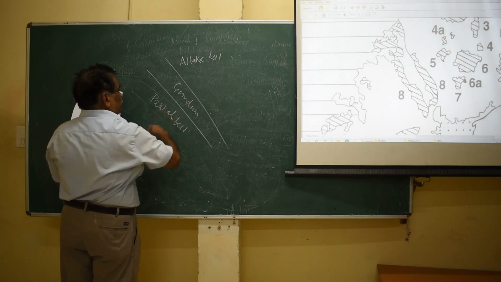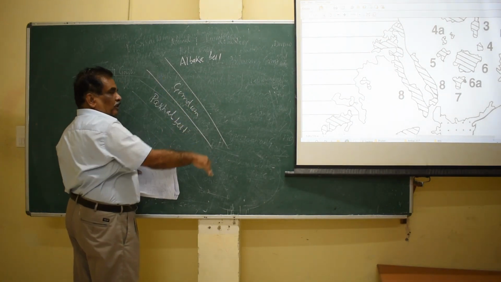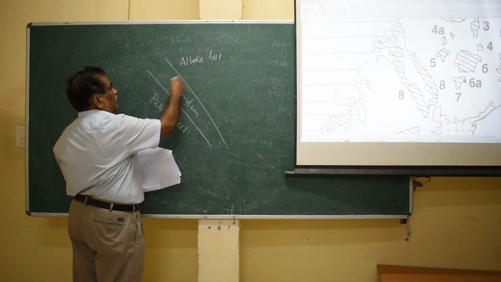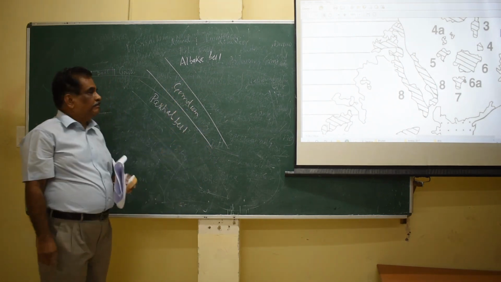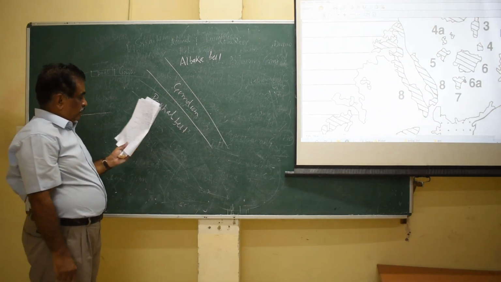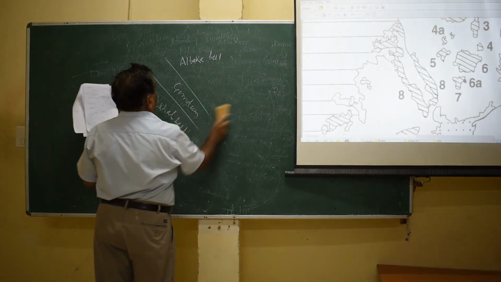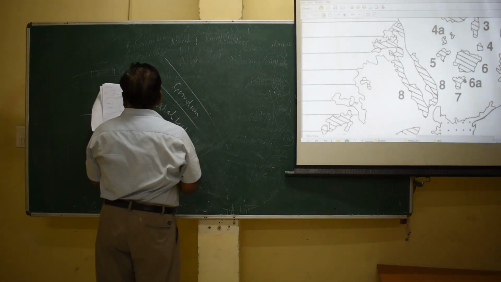So they were once totally the same, continuous, but because of the rifting and formation of the Gondwana valley, they have been separated. So Pakhal and Albaka belt. I will give you a stratigraphic succession of Pakhal and Albaka belt.